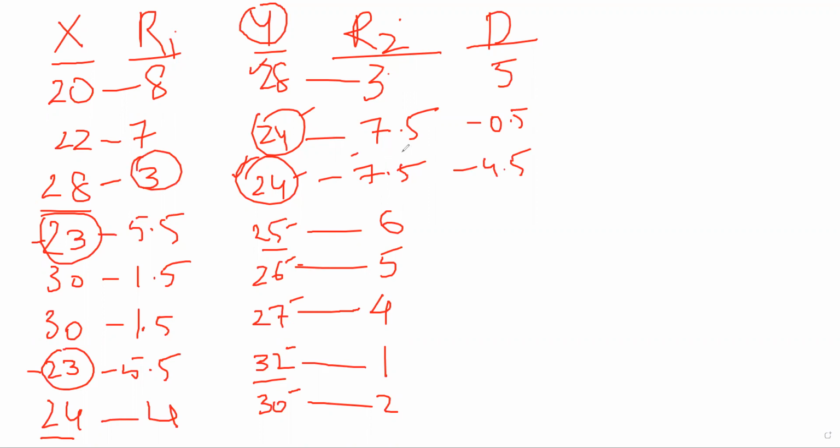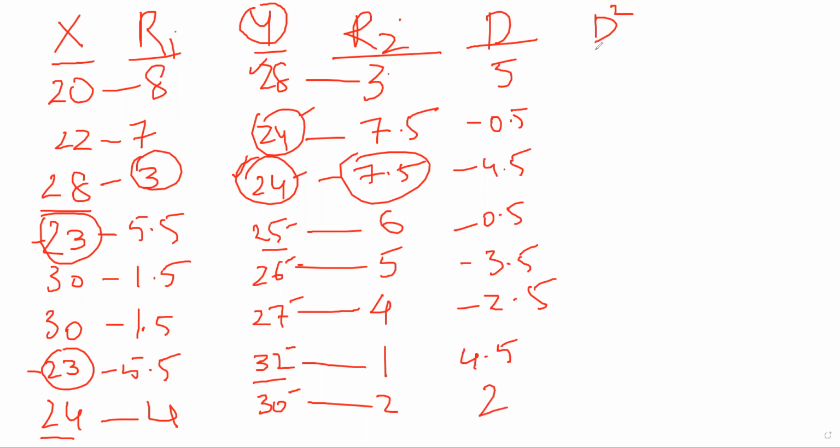Then 5.5 minus 6 is minus 0.5. 1.5 minus 5 is minus 3.5. 1.5 minus 4 is minus 2.5. This will be 4.5. This will be 2.